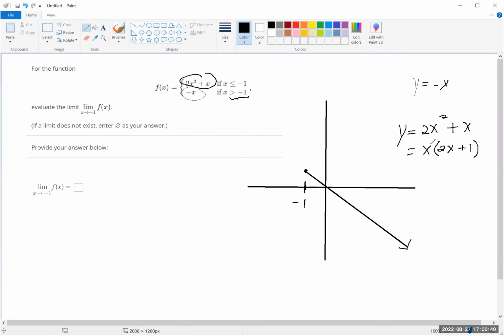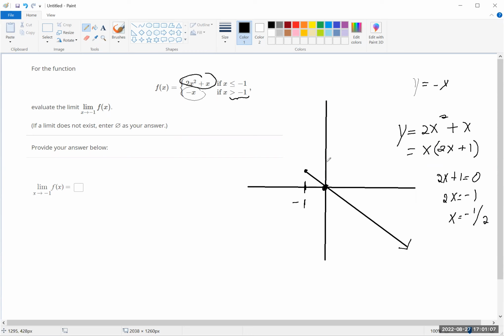And this curve then has two zeros, one at x equals 0, and another one, if I set this equal to 0, then 2x is negative 1, so x is negative 1/2.